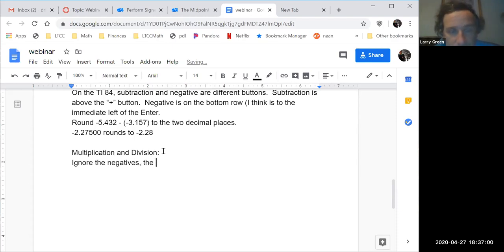Then do the multiplication and/or division. Then count the number of negative signs.